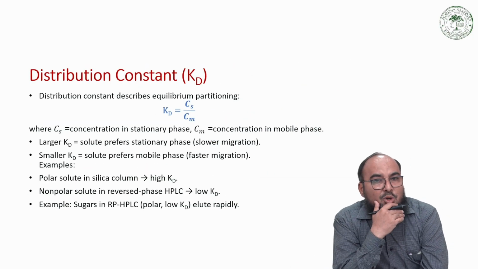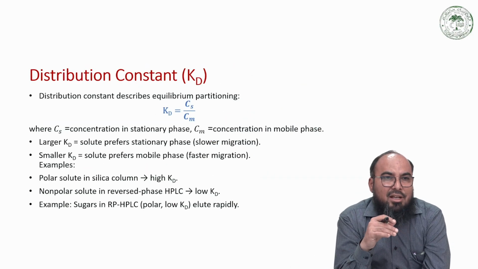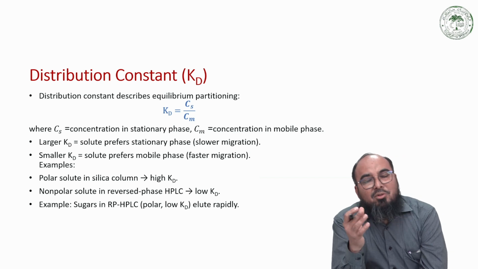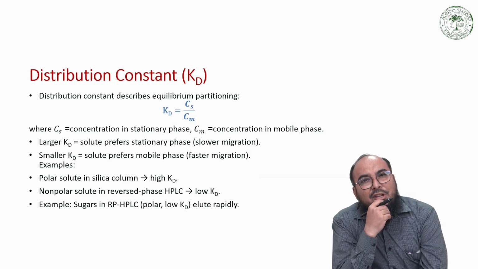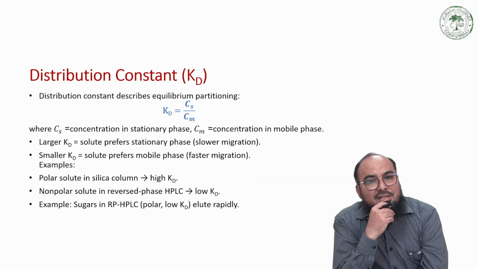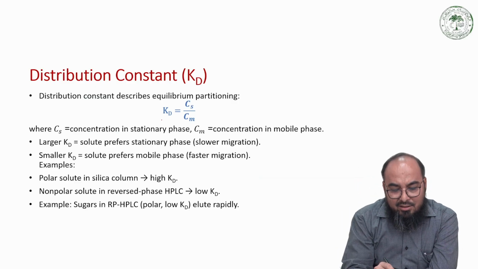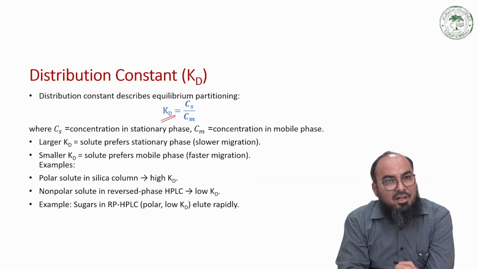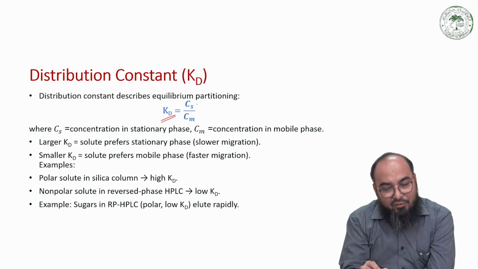So here comes the distribution constant. This is the unique feature of every chromatographic system. That is KD, the distribution constant, defined as CS, the molar concentration of analyte in the stationary phase, upon the concentration of analyte in the mobile phase.